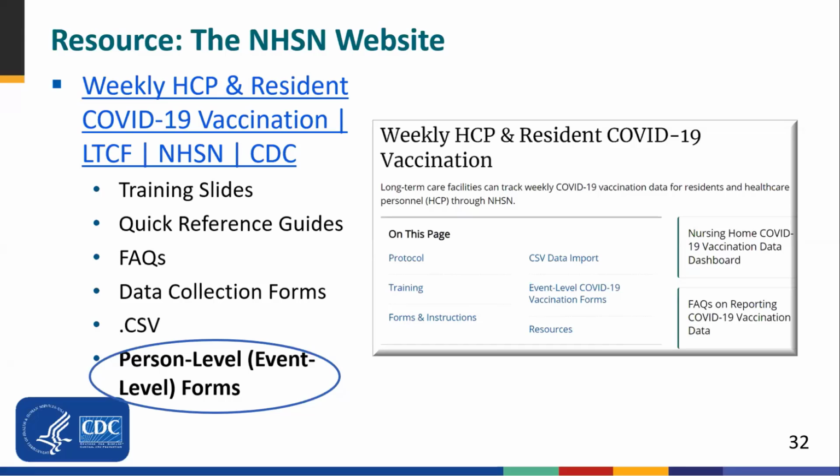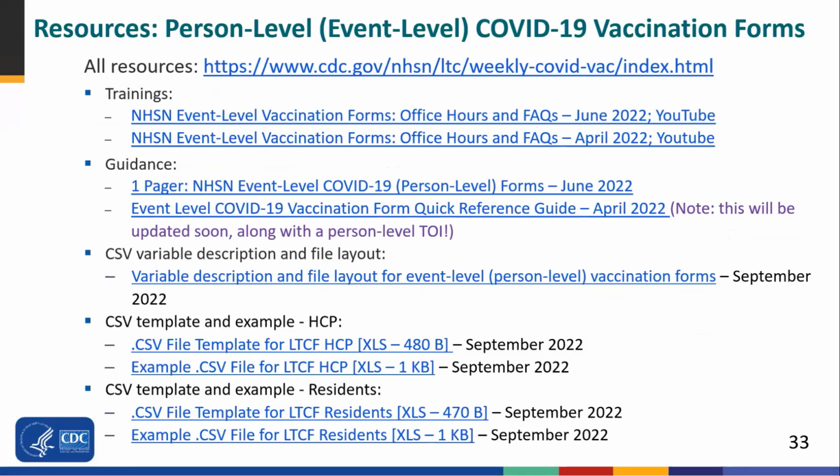The next slide will show specific links to where the person-level forms are located. Several resources are available for reporting person-level COVID-19 vaccination data for long-term care facilities. The links on this slide will take you directly to the resources. Please note that the newest CSV materials for person-level reporting that includes fields for gender, race, and ethnicity are now available on the NHSN website.